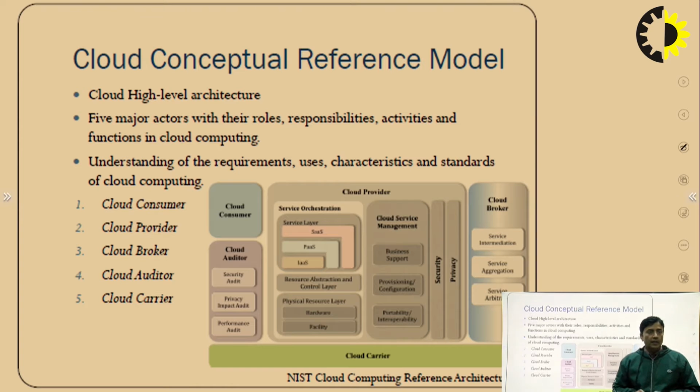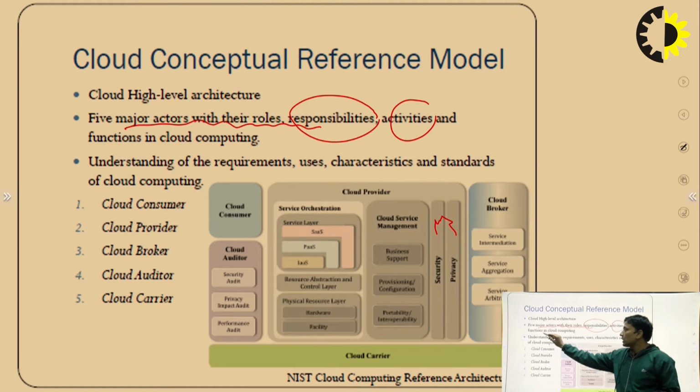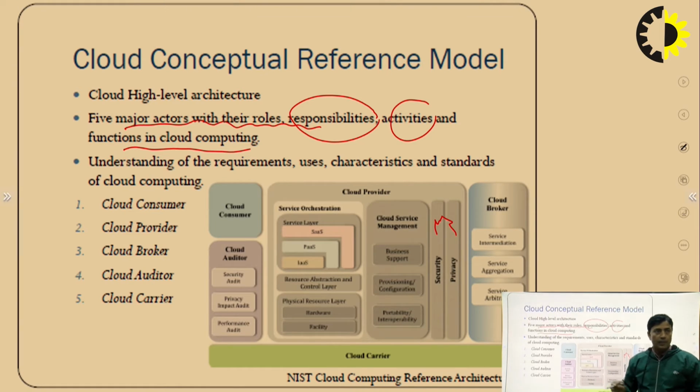So when we talk about the cloud conceptual reference model, it means there is a high-level architecture that has the 5 major actors with their roles, responsibilities, activities, and functions in cloud computing.